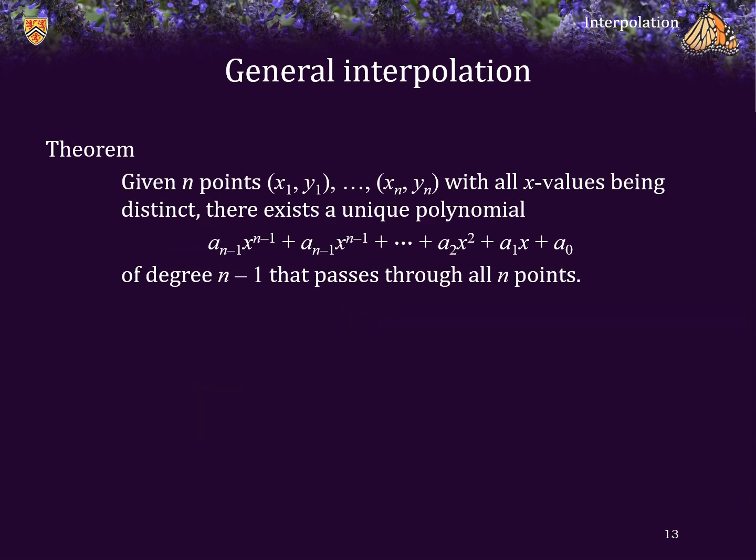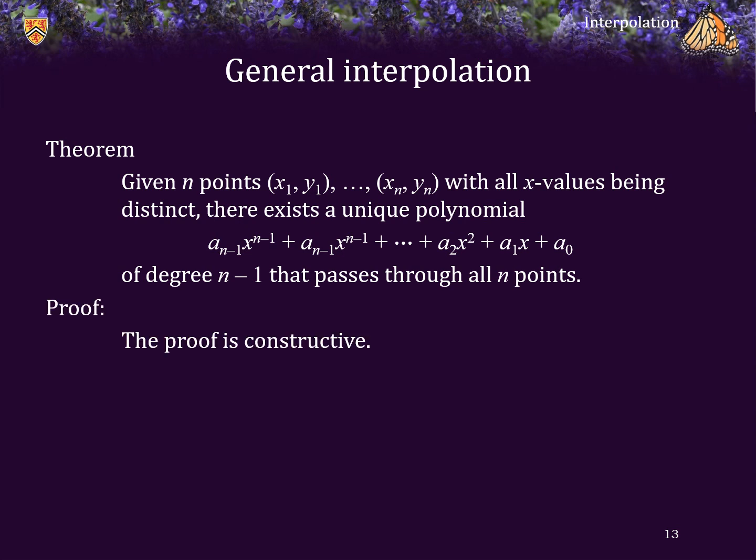Now let's generalize the previous result. Here's a theorem. Given n points, x1, y1 through xn, yn, with all the x values being distinct or unique, then there exists a unique polynomial of degree n minus 1 that passes through all n points.